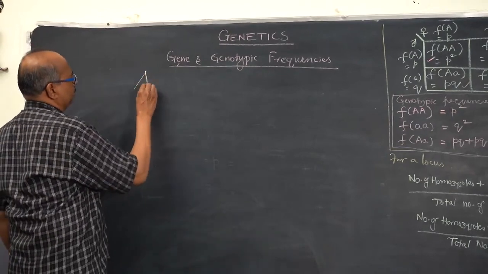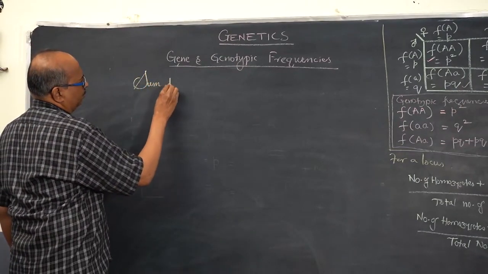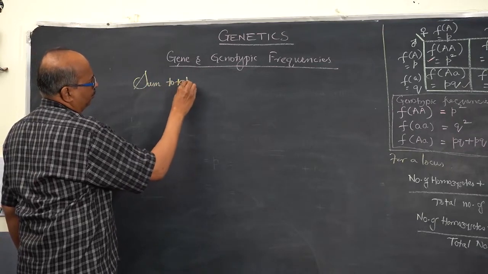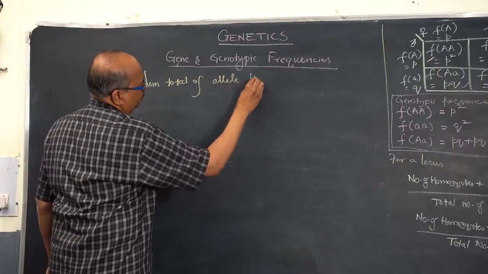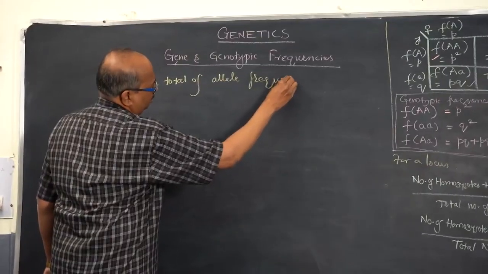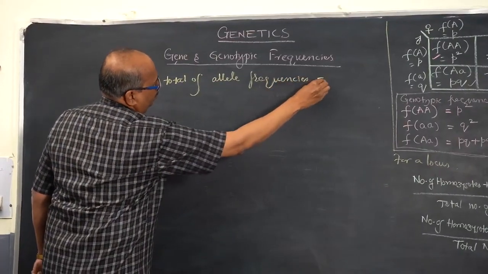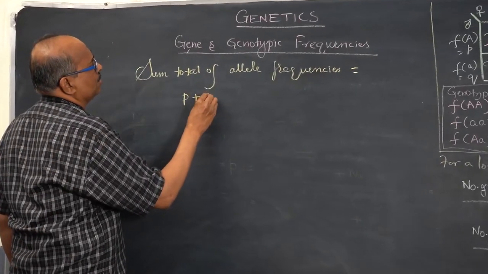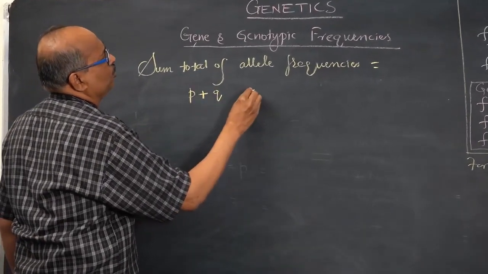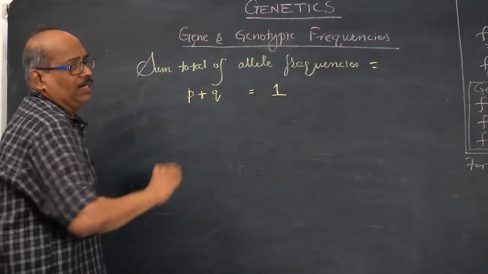So if I take the sum total of allele frequencies or gene frequencies, which is P plus Q, it should be equal to 1.